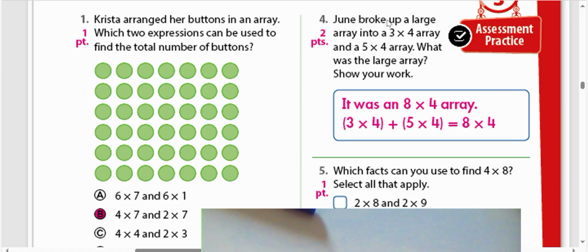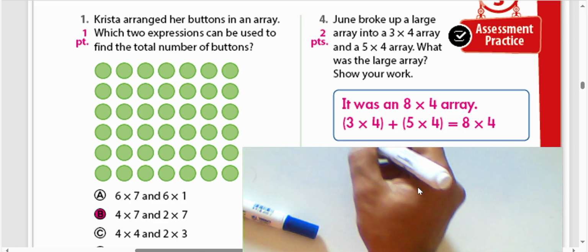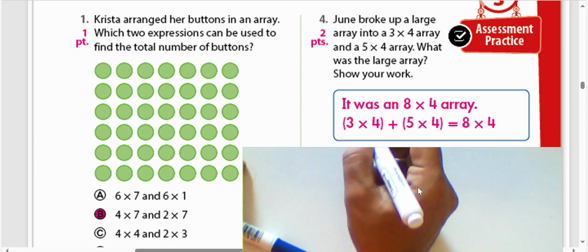Question number 4. John broke a large array into 3 times 4 array and 5 times 4 array. What was the large array? We can add together 3 plus 5 equals 8. 8 times 4. So he gave us the inverse about the product between two numbers. Look with me here: 8 times 4.